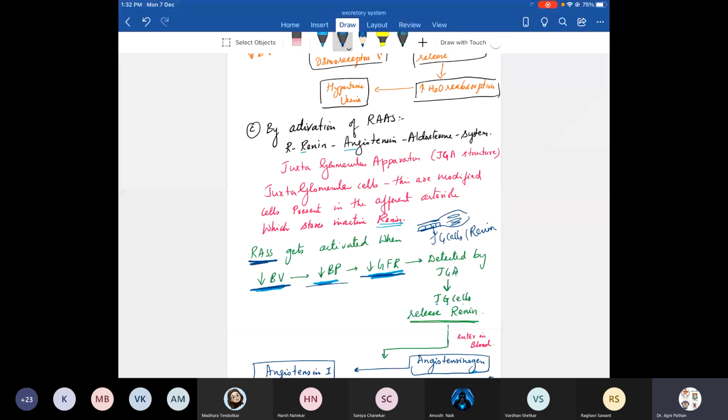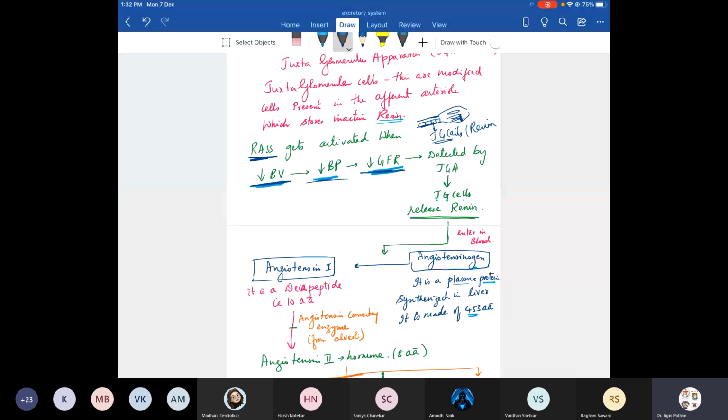Whenever the filtration rate decreases, these JG cells detect the changes: the blood volume is decreased and the pressure is less. That's why these cells, which contain renin, release the renin. This renin enters into the blood. Once the renin enters the blood, what will happen?